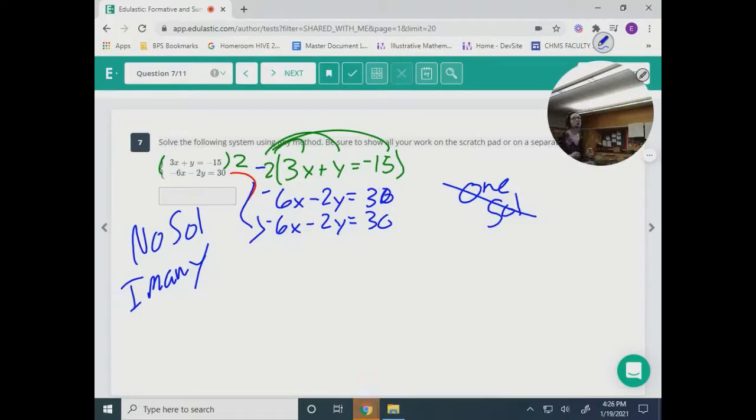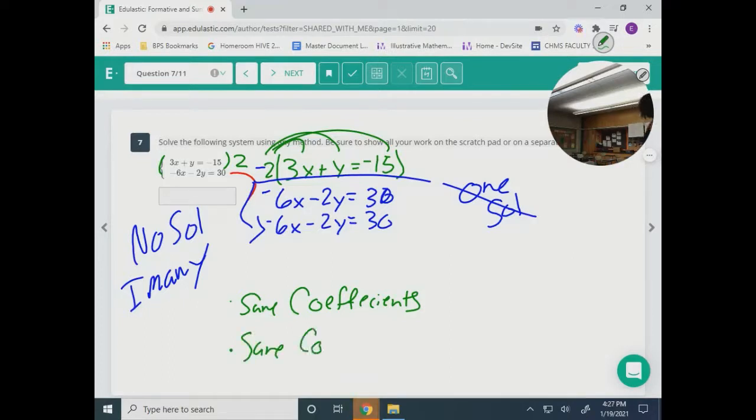We know that it's not going to be one solution. Now we need to decide no solutions or infinitely many. We need to use the idea that we talked about in class yesterday when we're deciding the number of solutions. We have the same coefficients and the same constant.